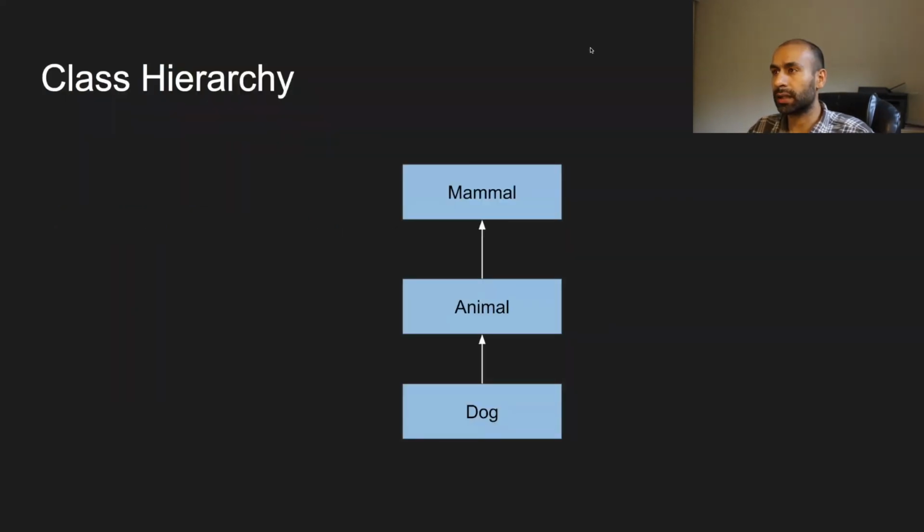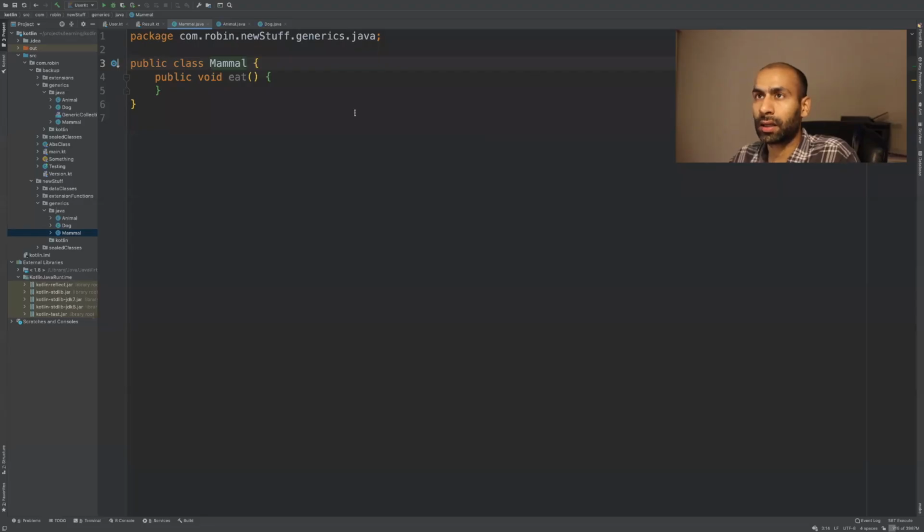So we'll take an example of a class hierarchy. At the top level, we have mammal, and then we have animal, which extends from mammal, and then we have dog, which extends from animal. Let's look at the Java code for all three classes. First is mammal, and mammal has an eat method.